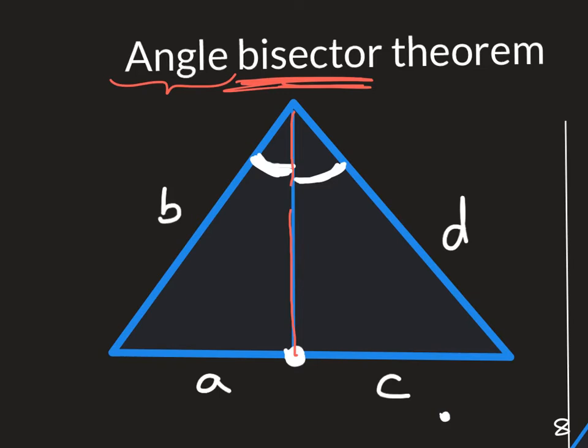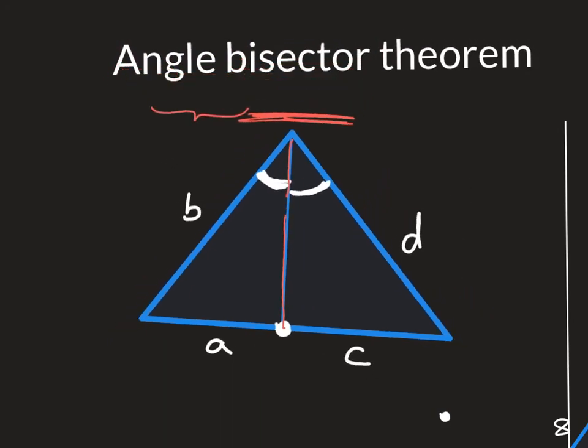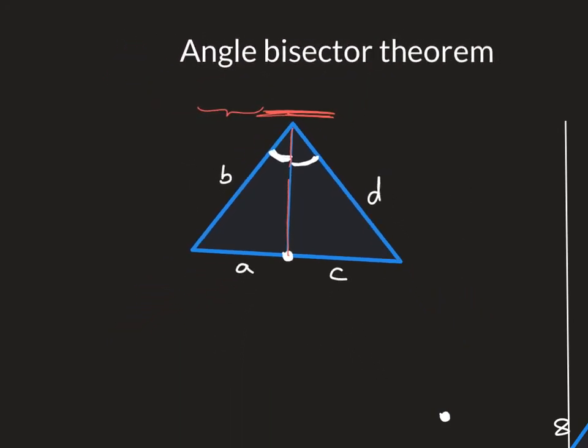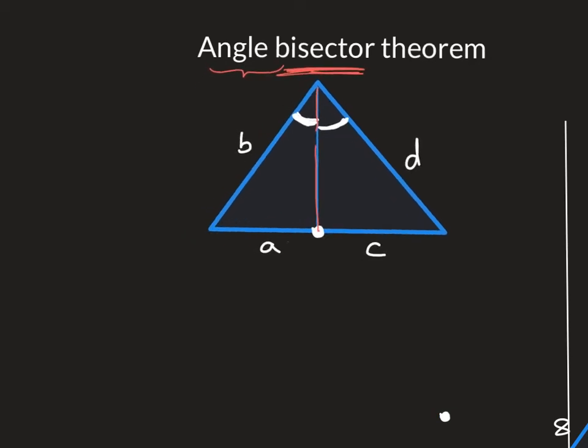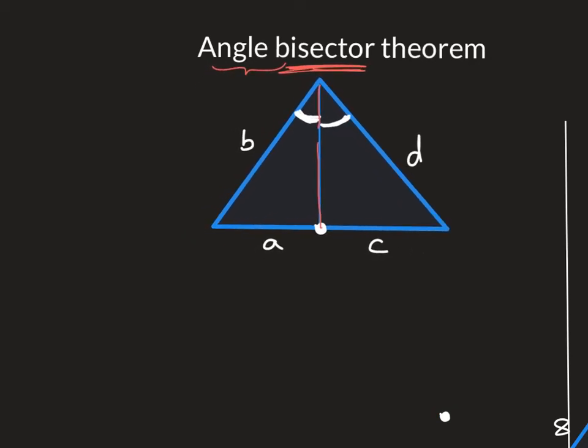And now let's go ahead and talk about what this angle bisector theorem actually says. The angle bisector theorem is going to say that the triangle is cut up proportionally. And one way to write this out mathematically is to say that the side opposite an angle, so A, divided by the side adjacent.